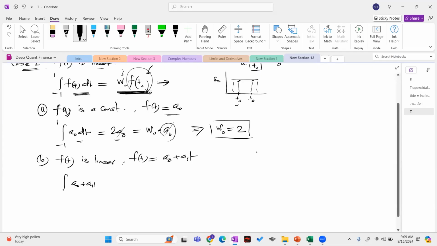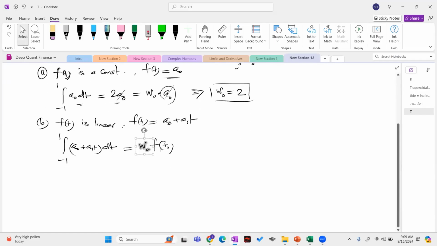Integral of a0 plus a1t dt from -1 to 1. We are trying to approximate this as w0 f(t0). Just one sample point you have to choose. w0 we have already solved, it is 2. Now the question is, where do I choose t0? Because if it is linear, then it is not arbitrary. It will be a specific point where you have to sample it.